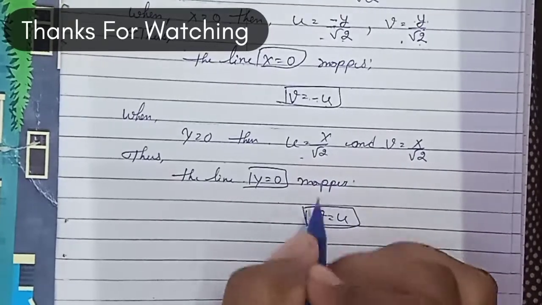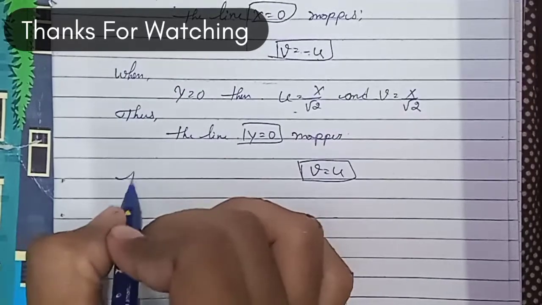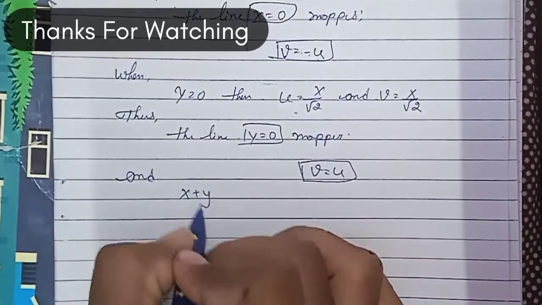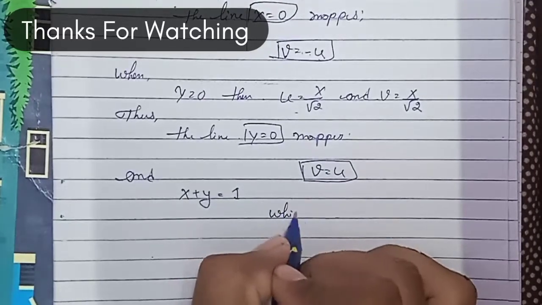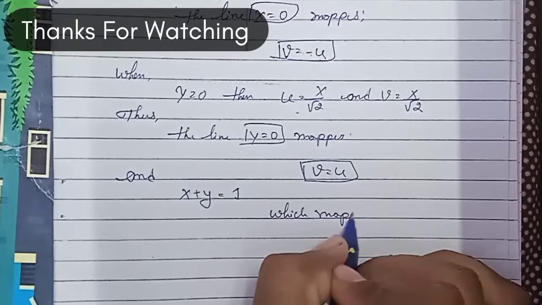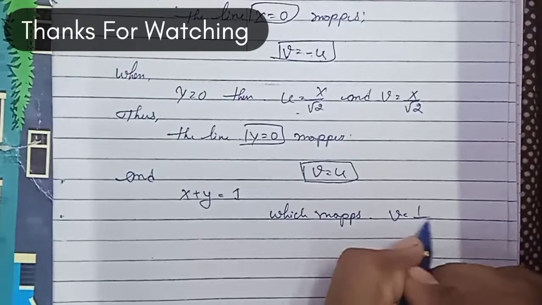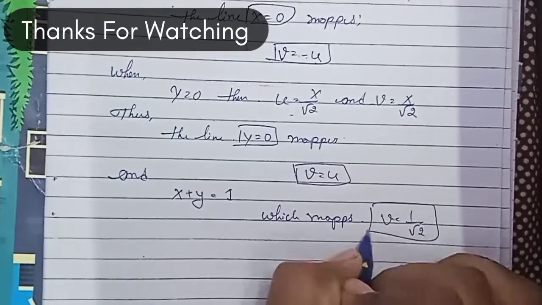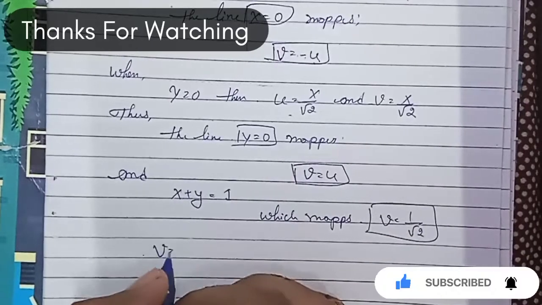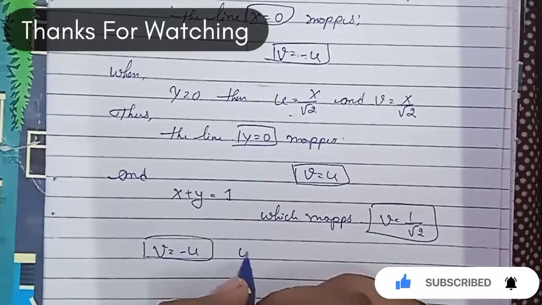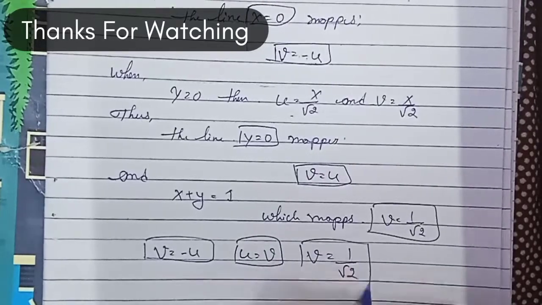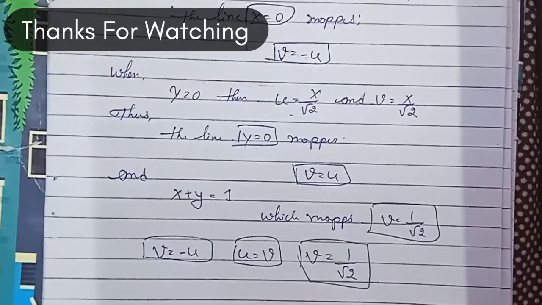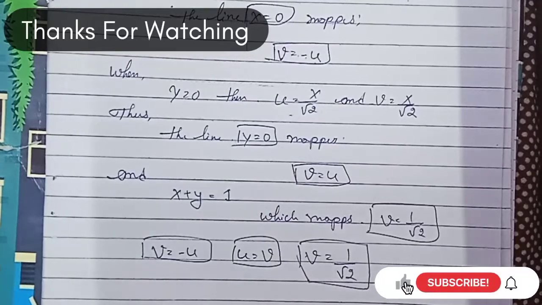And x plus y equal to 1 maps to v equal to 1 upon under root 2. Now we have v equal to minus u, v equal to u, and v equal to 1 upon under root 2. Now we plot these values in the graph.